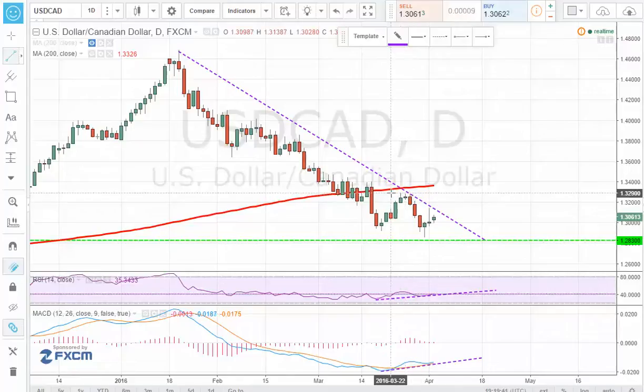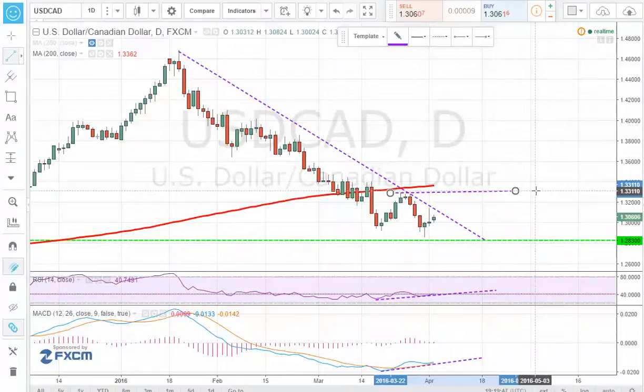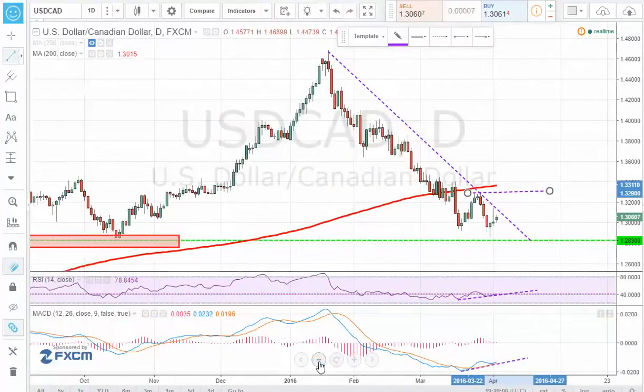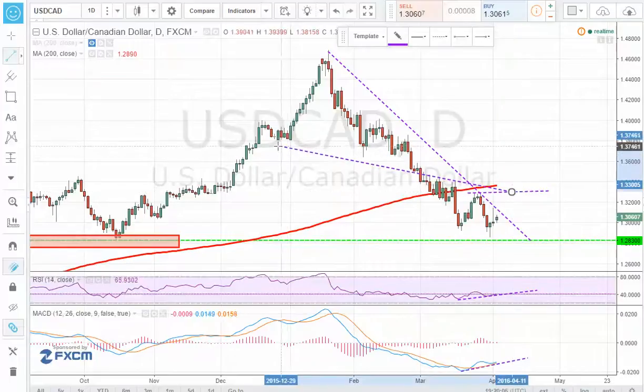Okay, this should be a short-term resistance, and you could take into consideration the 133 up to 133.75 area, because that's the 200 daily moving average over there. But upside, I think this pair could go even higher. And if you ask me how much higher, I think this is the area we should look at.